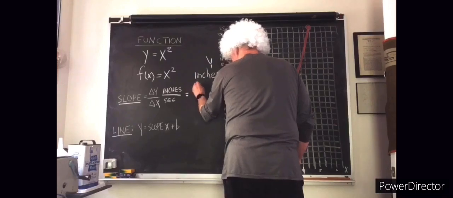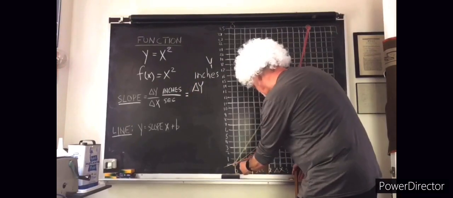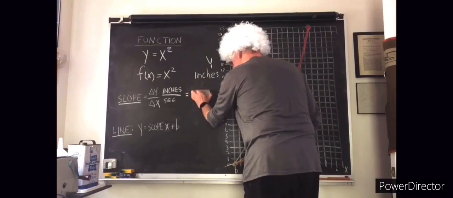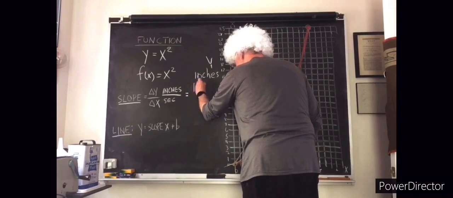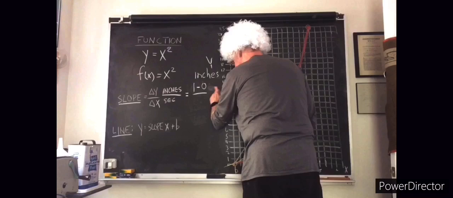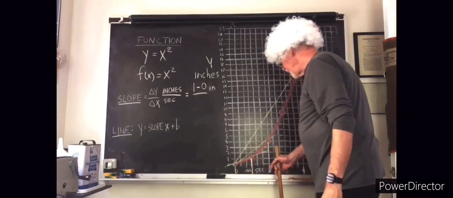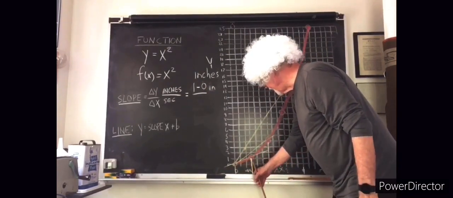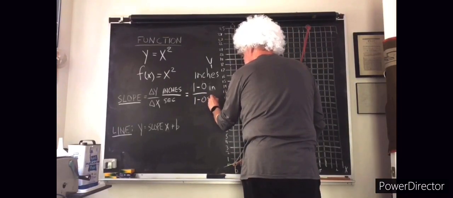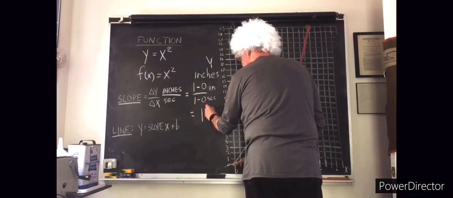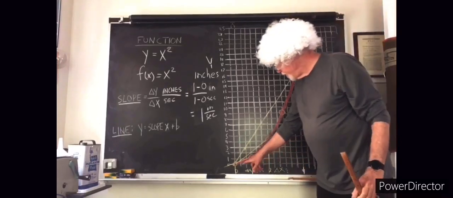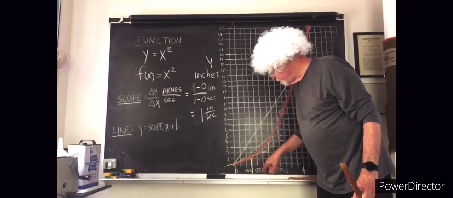Our change in y is 1 minus 0, inches. And our change in x, delta x, is 1 second. And that equals 1 inch per second. That's the average speed of the car from here to here.